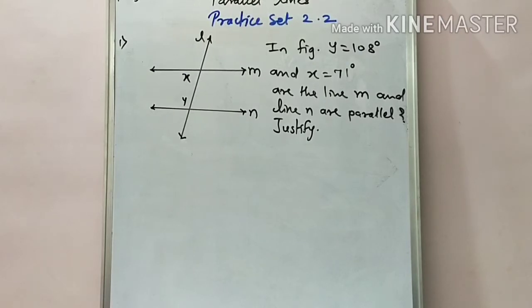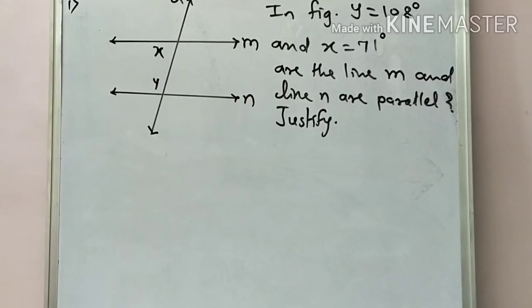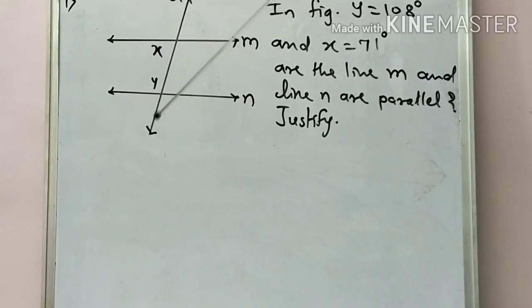Interior angles formed on the same side of the transversal, meaning here we have to verify what? The interior angle test. And according to the interior angle test, if the interior angles are supplementary, then only the lines are parallel, meaning you have to take the addition of angle x plus what? Angle y.